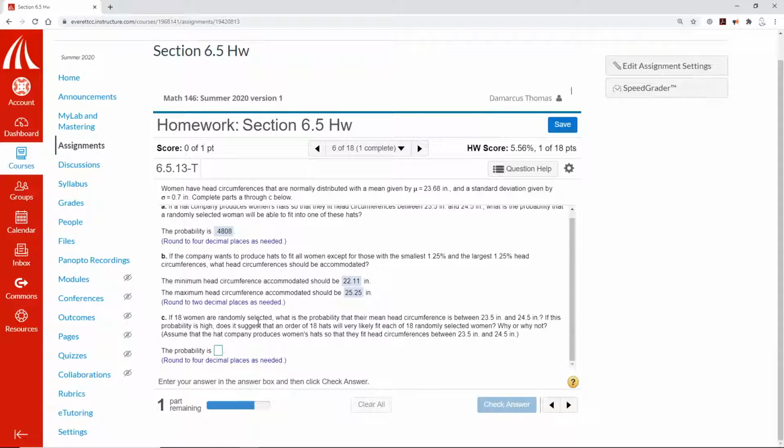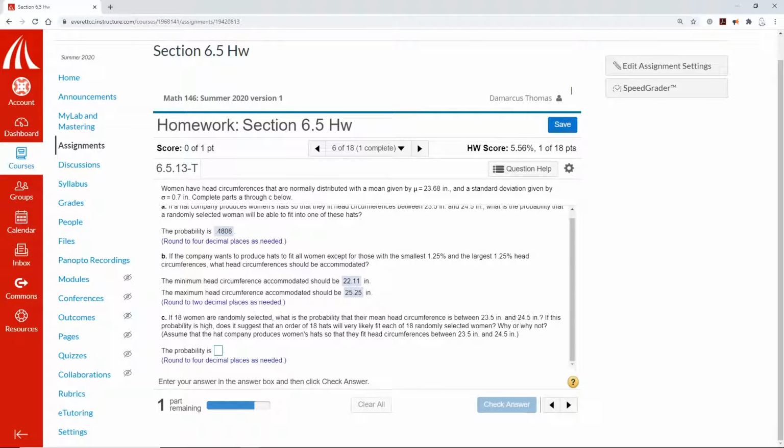We can't use the normal distribution. That normal distribution was for one woman, a randomly selected woman. Now we're talking about a group of 18 women. So what we need is a random sampling distribution of 18 women.